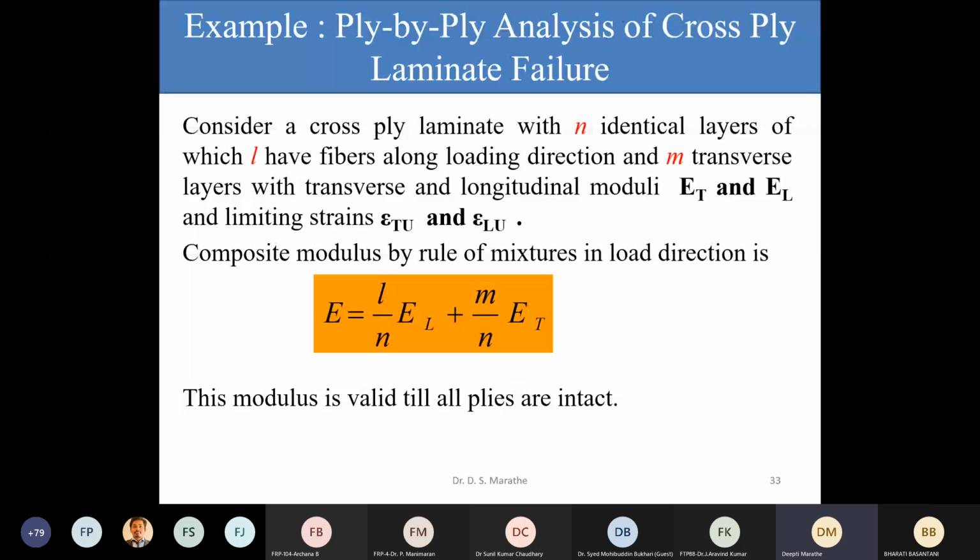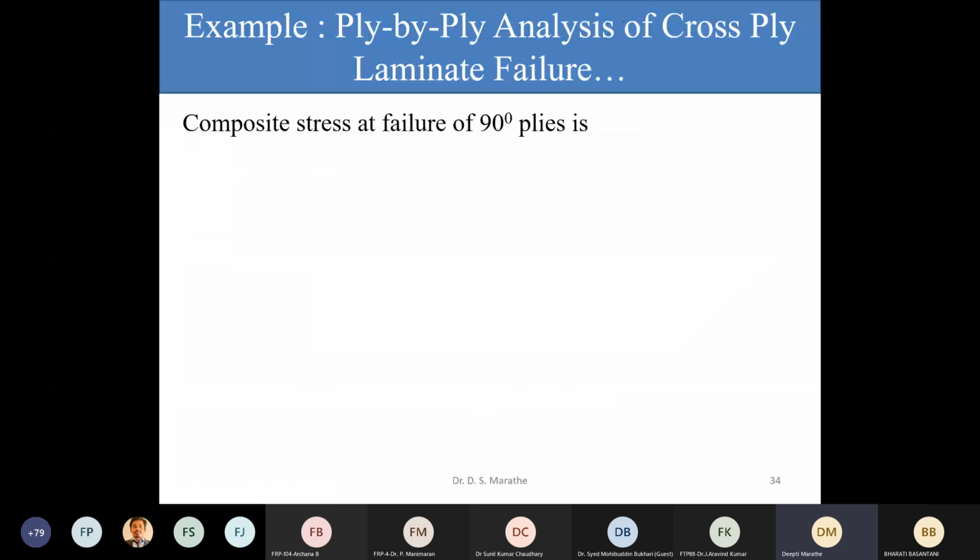So now the composite stress at failure for 90 ply then, because we know that the 90 degree are going to be the ones which are going to fail. So suppose all my 90 degrees plies have failed, then the stress at failure of this 90 is going to be E into epsilon T, where epsilon T is the strain in the 90 degrees plies.